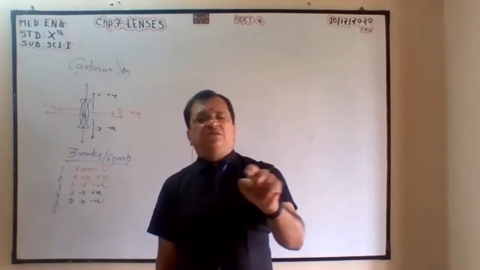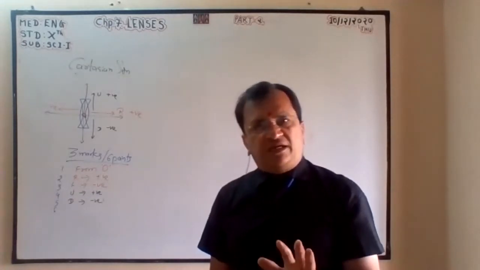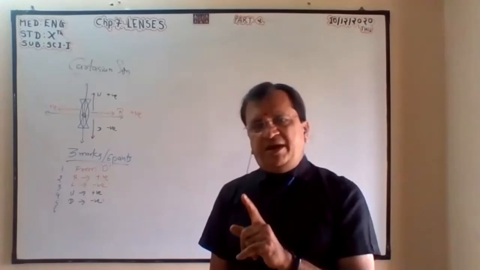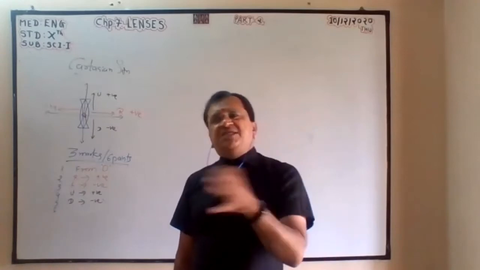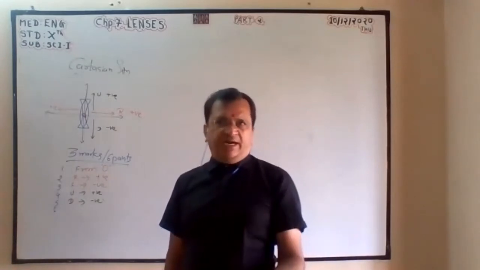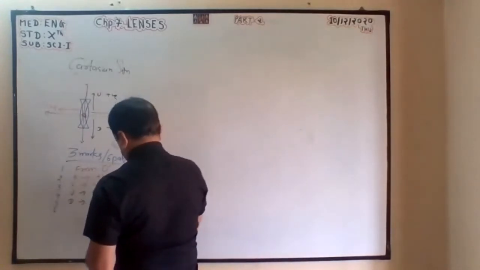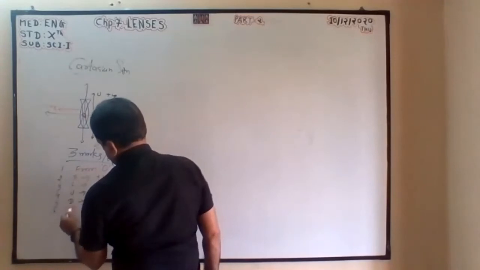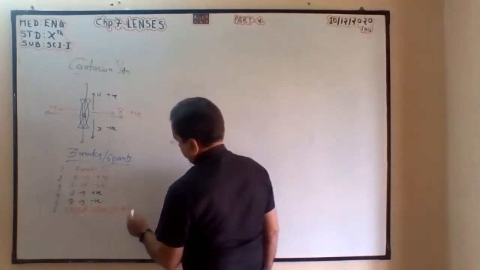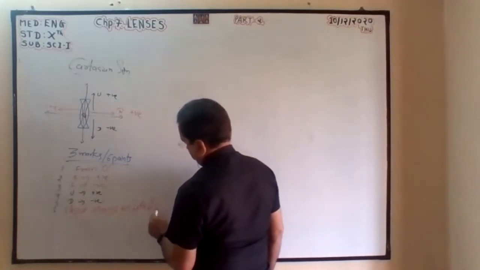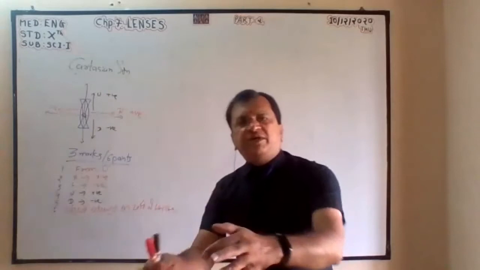5th point. In the diagrams you have observed that I always draw the lens in the middle, object on the left side. Image may be on the left or right, that is not in our hand, but the object is always on the left side.